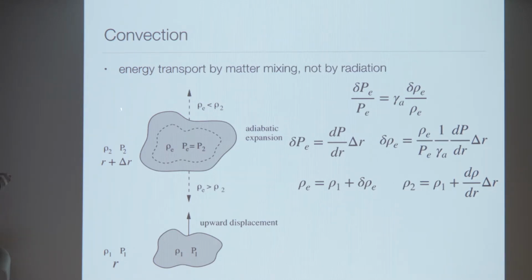The density of the surrounding material can be written as ρ1 plus the change from the density gradient here. So we have the surrounding density and the density of the material which came from the bottom to this radius.